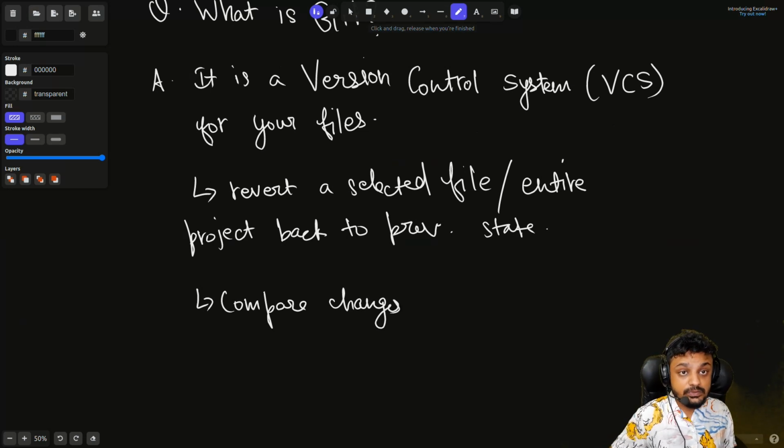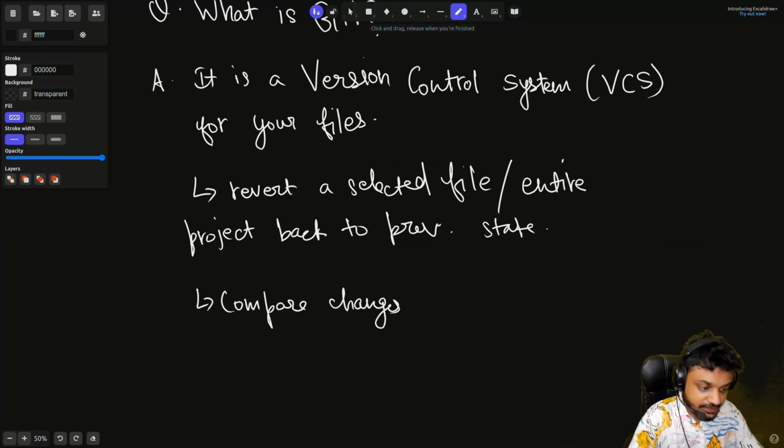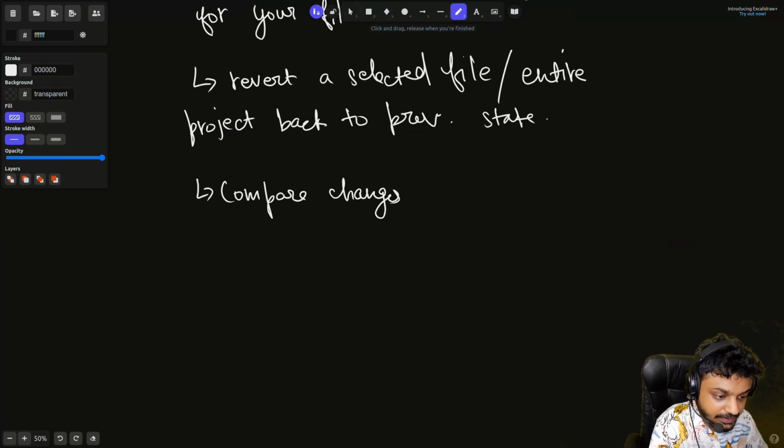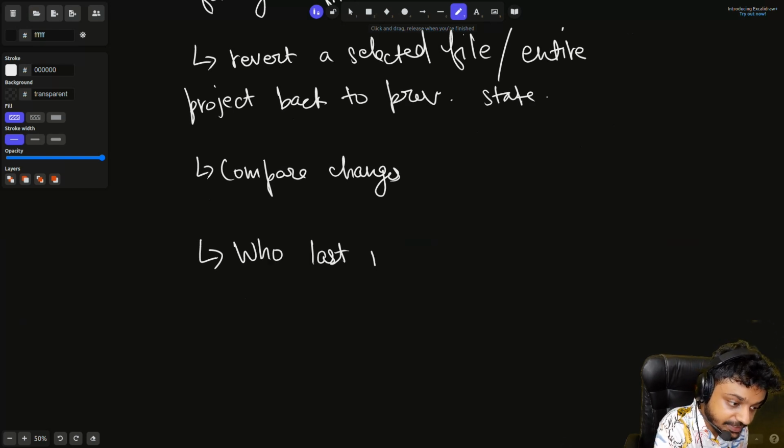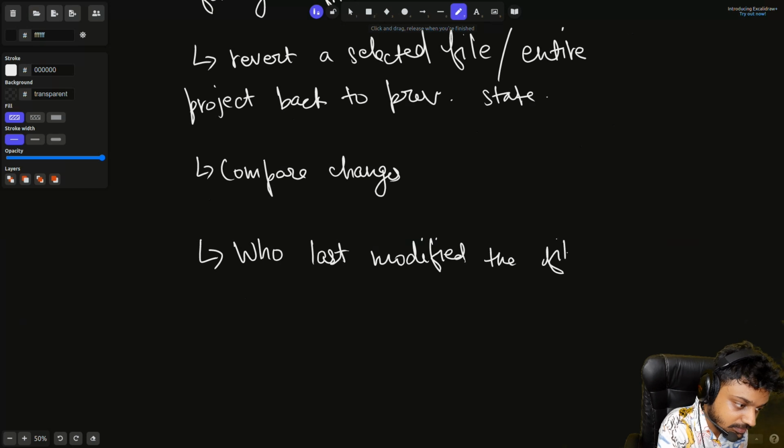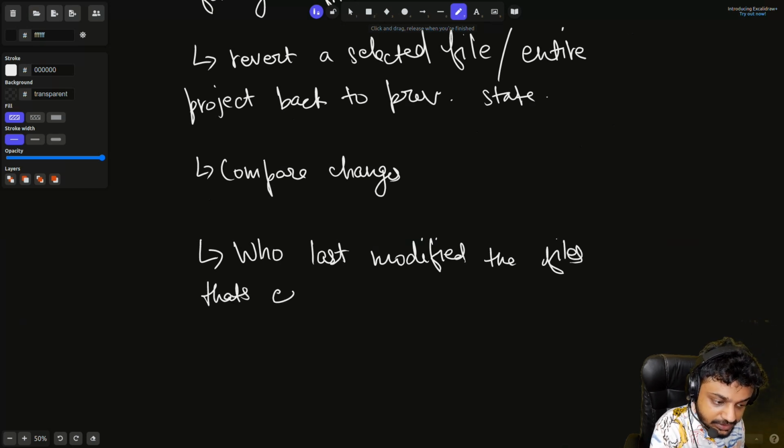It also allows you to see who might have been the last person to modify some file which would have caused some problems in your project, right? So it allows you to see who last modified the files that are causing some issue.